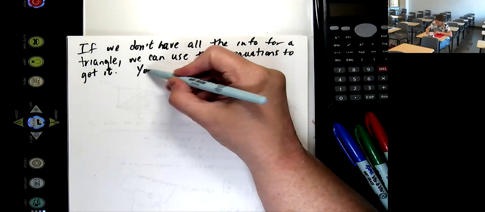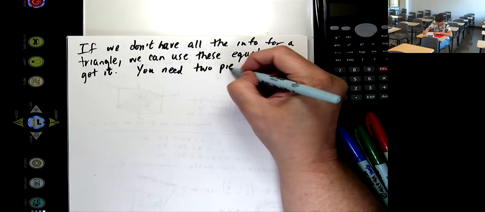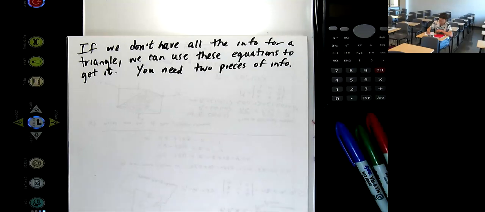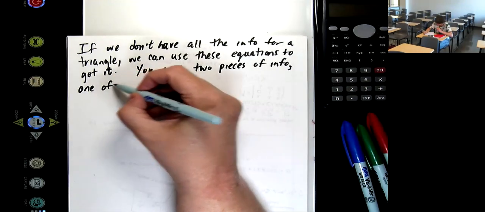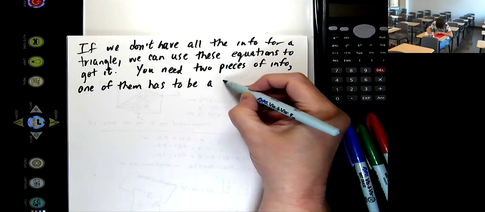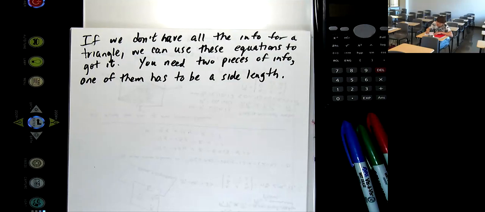You need 2 pieces of information, and one of them has to be a side length. If you just have the 2 angles that are not the 90-degree angle, there are an infinite number of triangles that have those angles that are just different sizes.